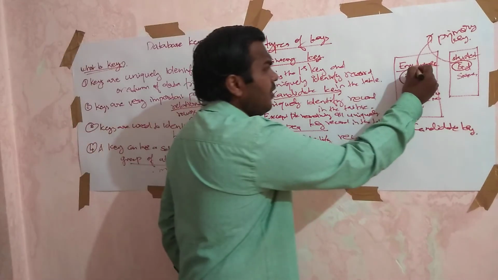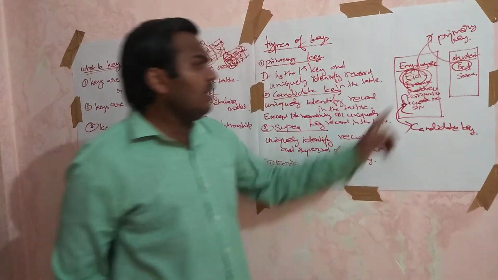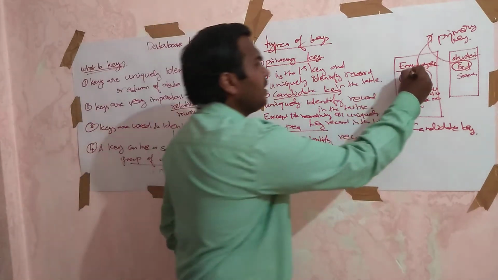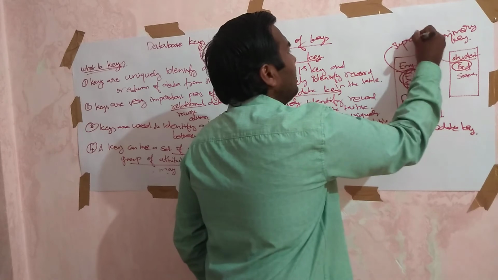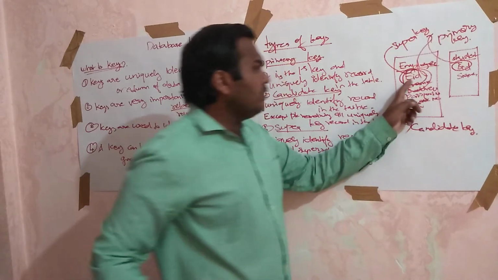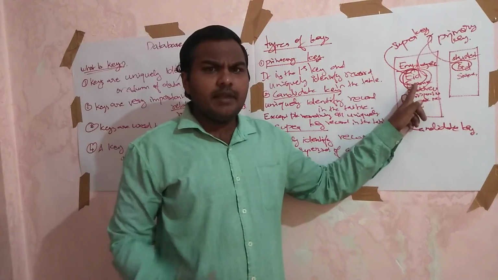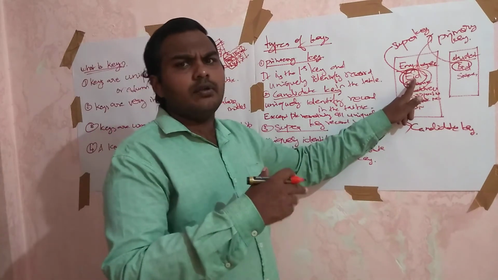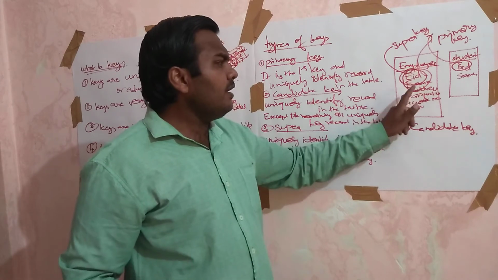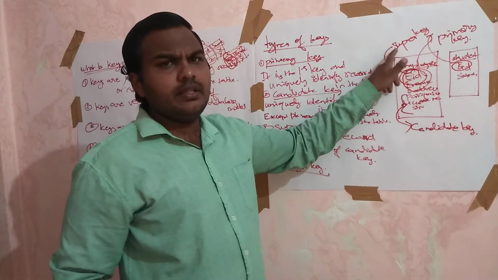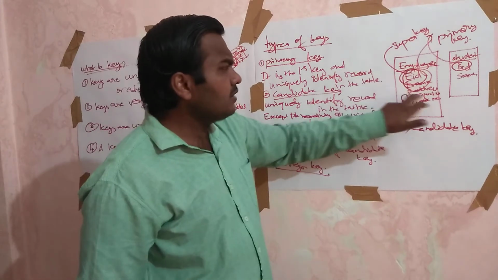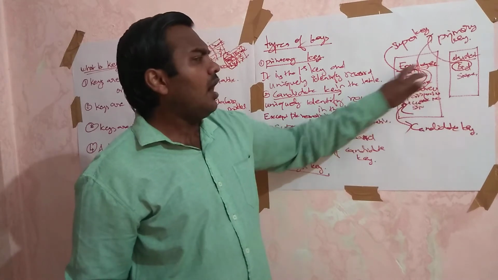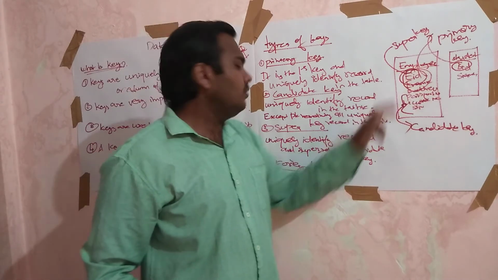The combination of the primary key and another attribute, name, becomes the super key in the table. Employee name can be the same for two employees, but employee ID cannot be the same for two employees. So employee ID plus employee name becomes the super key because it is a combination of one primary key and another non-key attribute.